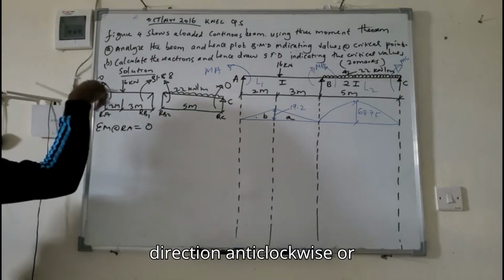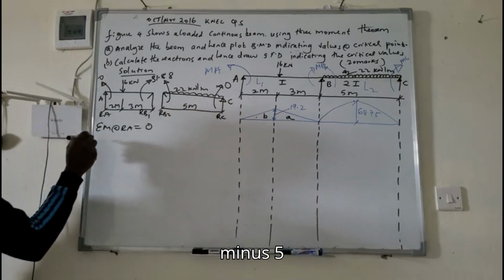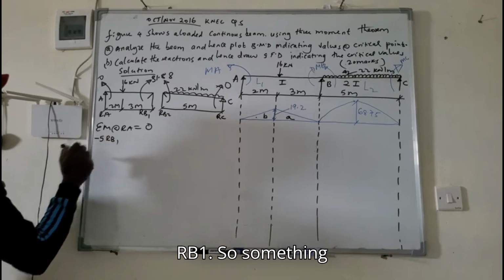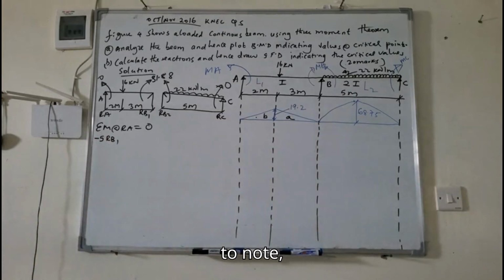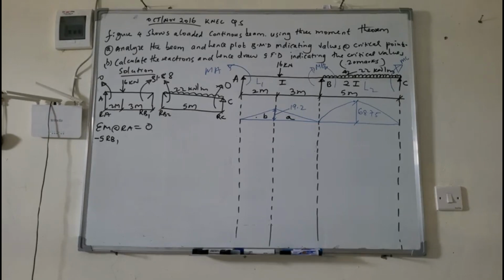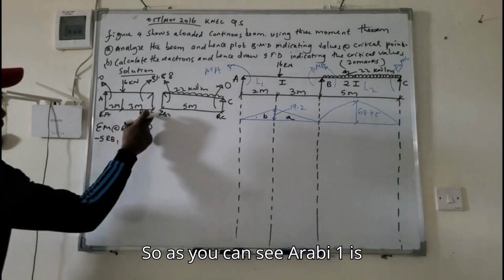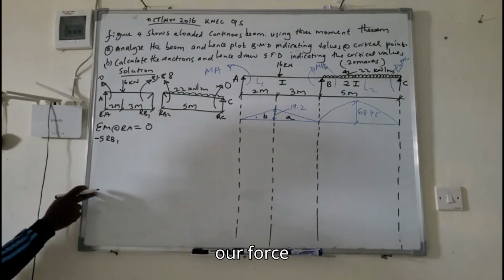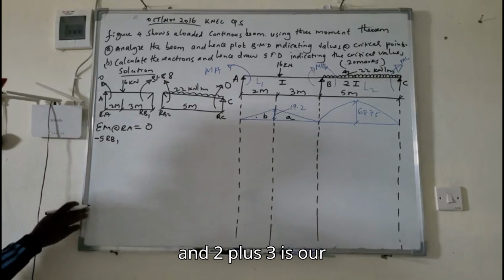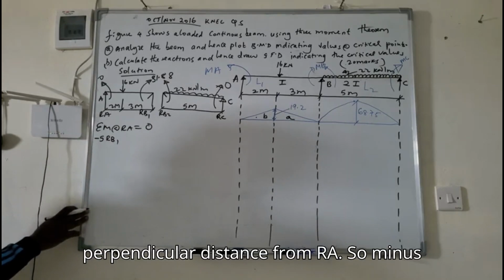In which direction? Anticlockwise, so minus 5 RB1. Something to note: moment is perpendicular distance times a force. As you can see, RB1 is our force, and 2 plus 3 is our perpendicular distance from RA.